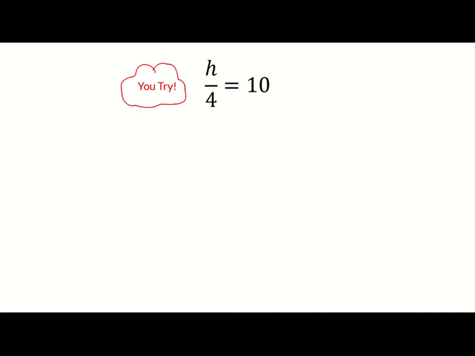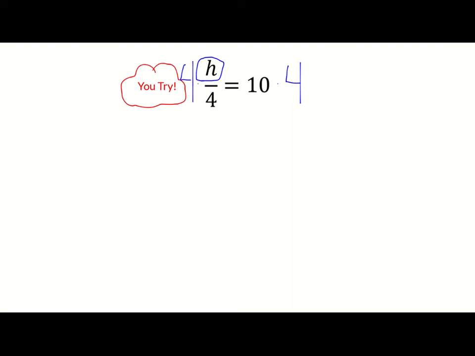To solve this equation, h over 4 equals 10, we want to isolate the variable h. So right now you can see that the h is in a fraction. Remember, fractions mean division, so the h is currently being divided by 4. To undo that process of division, I will need to multiply both sides of my equation by 4.